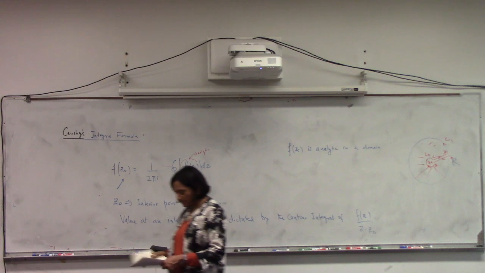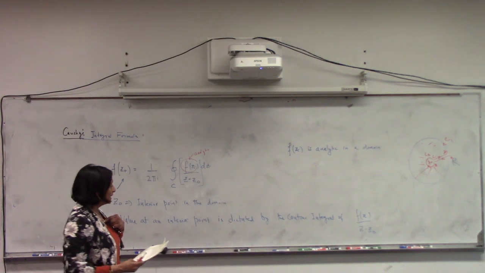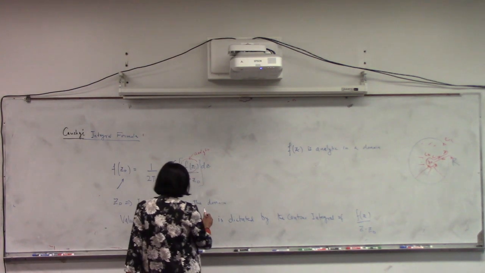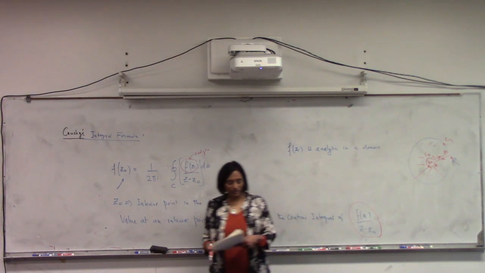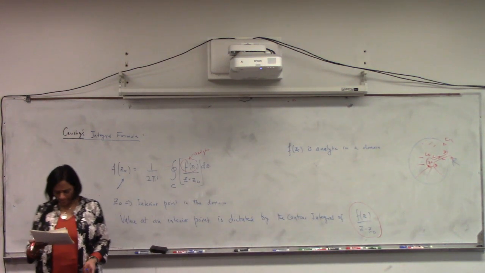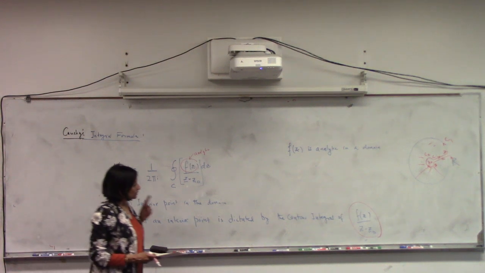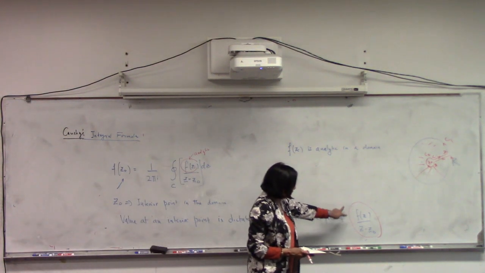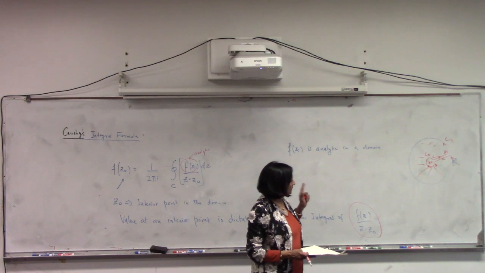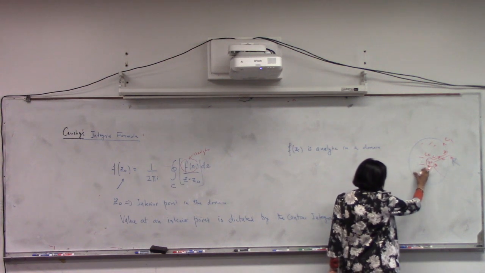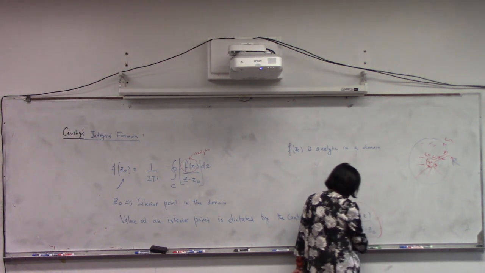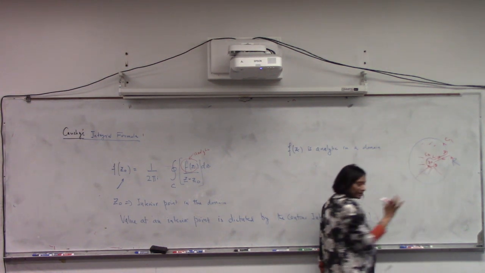So I can apply Cauchy's theorem and all that stuff also to this function, the one whose integrand is blowing up. If I eliminate it, then the function f(z) over z minus z naught is also analytic in this annular region.